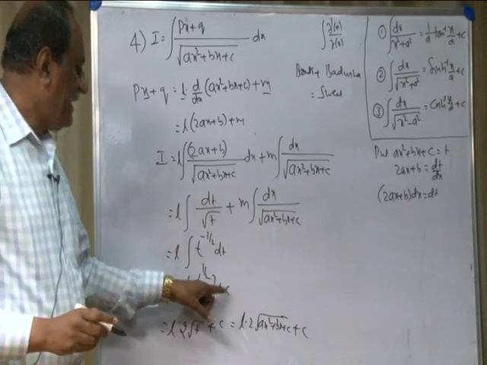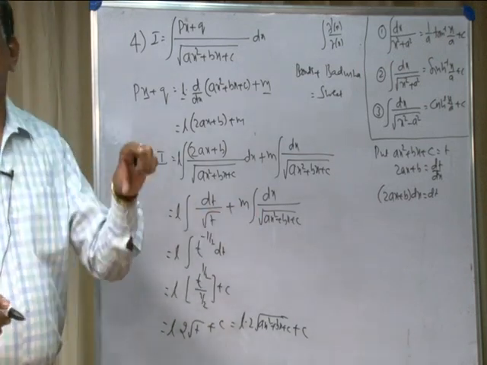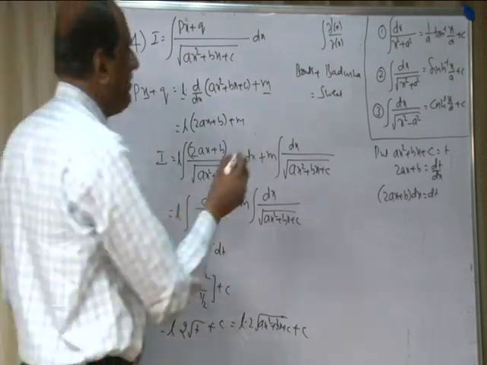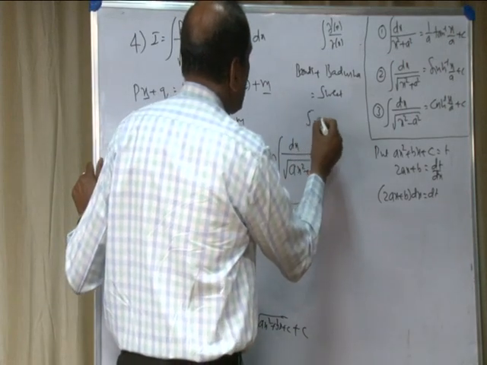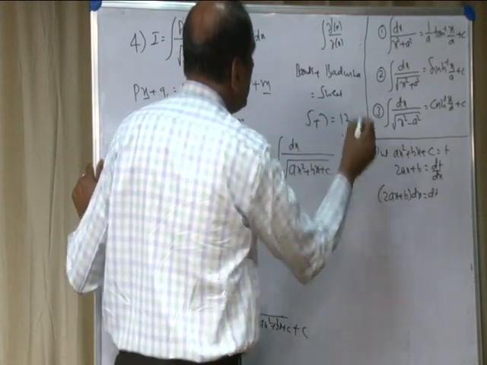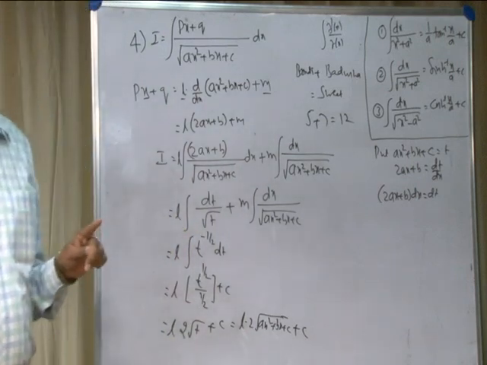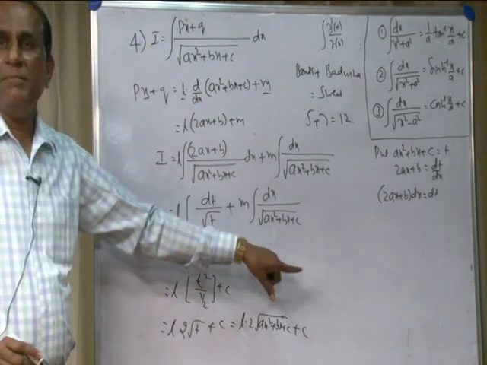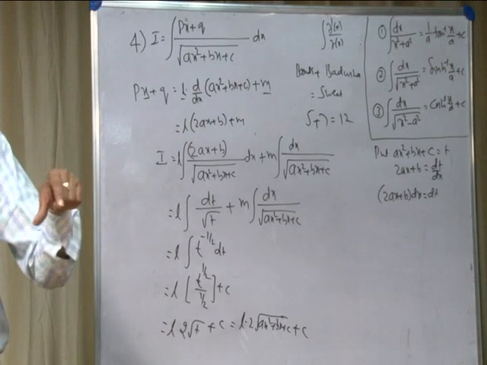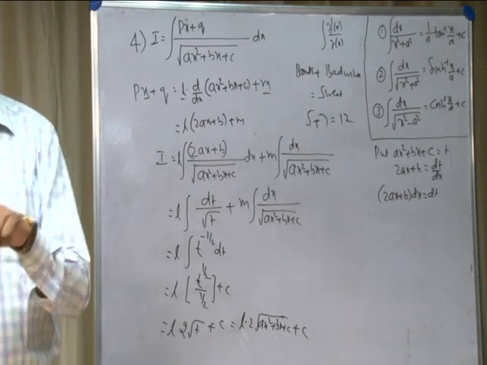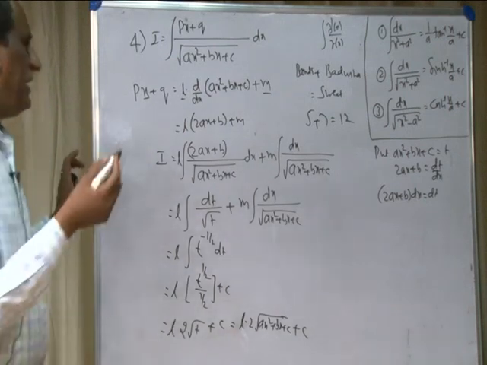Like this, c plus c, constant plus constant is also a constant. For example, 5 is a constant, another constant 7, 5 plus 7 is 12, that is also a constant. No need of writing c plus c for two integrals. By clubbing c plus c, do not write 2c, write only c.